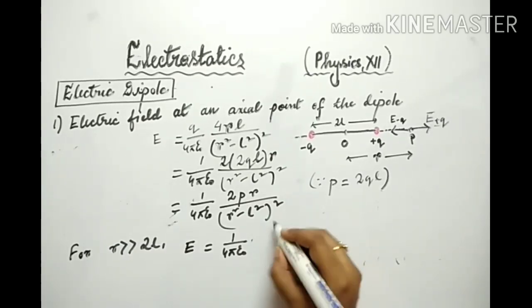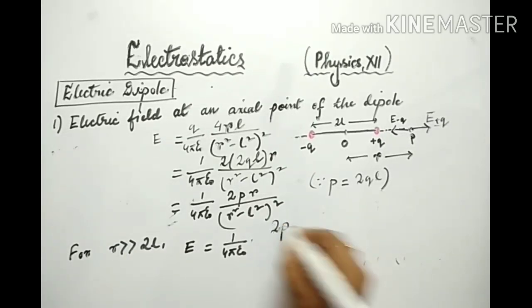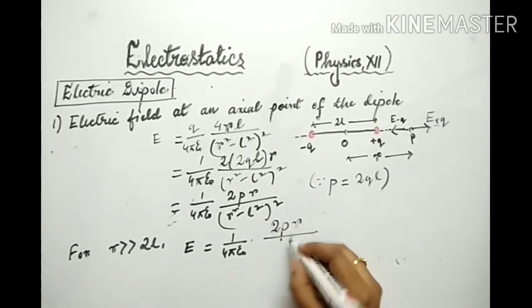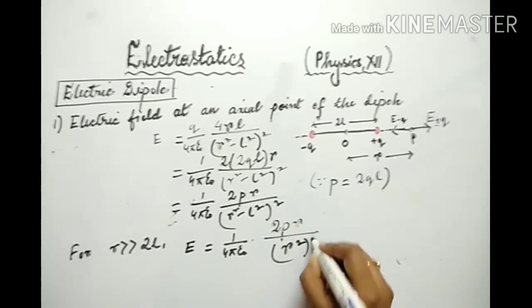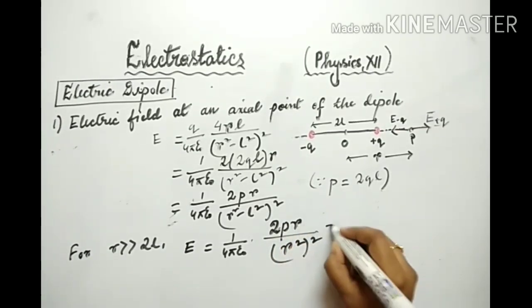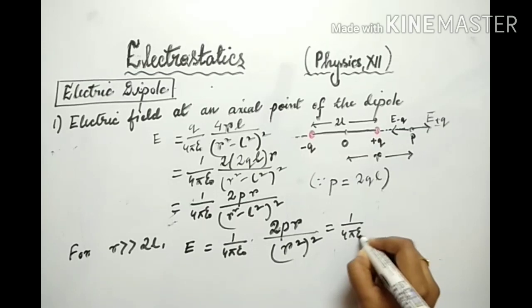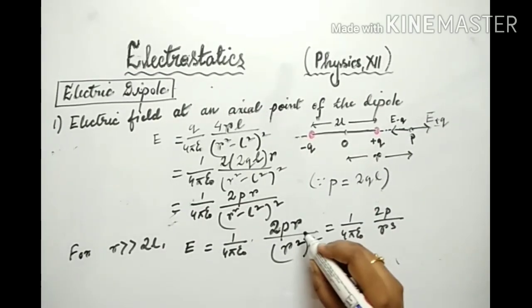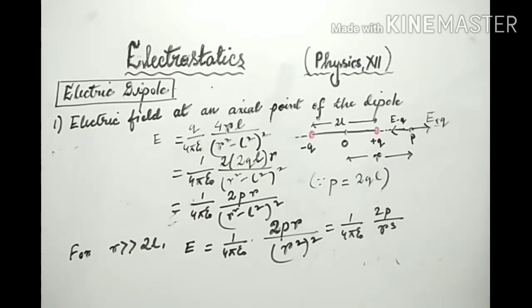So 2pr, and this r, if there is no l, r square, and outside there is another square. So it will be 1 by 4 pi epsilon naught 2p by r cube. R to the power 4 and r get cancelled and we are left with 2p by r cube. So this is the formula for electric field at an axial point of a dipole.